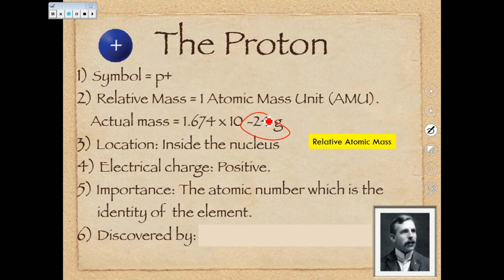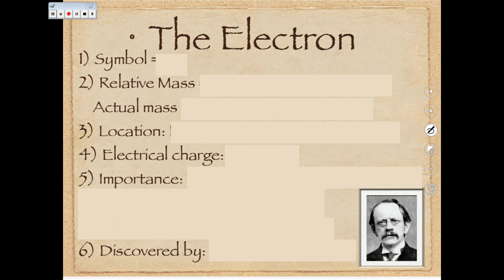Every element has a unique number of protons. If you change the number of protons, you have turned it into a different element. It is sort of the DNA or the identifying social security number of the element. And we learned earlier that the proton was discovered by Ernest Rutherford in 1909 with his gold foil experiment.